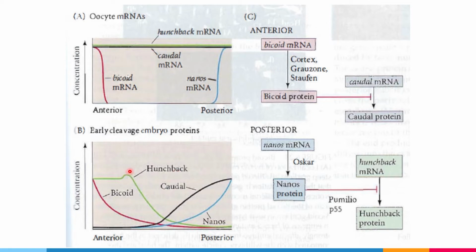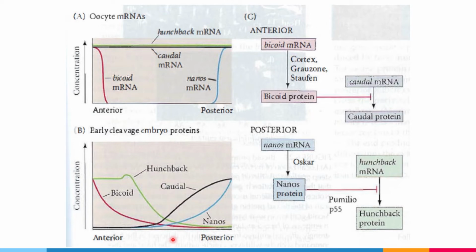So we have a similar expression pattern of hunchback and caudal which look just like this, in which caudal is also present in the posterior and hunchback is also present in the anterior. So what exactly happens is bicoid protein prevents the translation of caudal in the anterior part, and nanos protein prevents the translation of hunchback in the posterior. And this is how the various anterior and posterior factors are prevented from being expressed in the opposite areas.